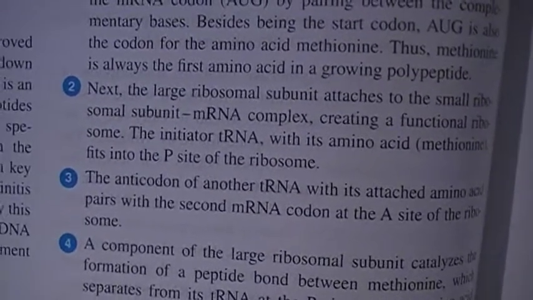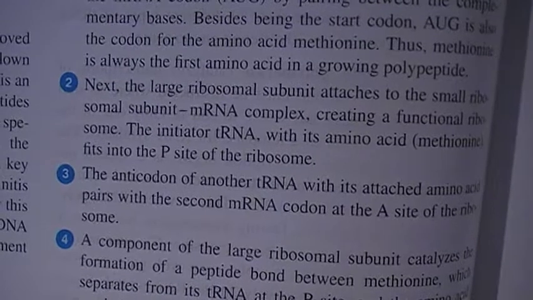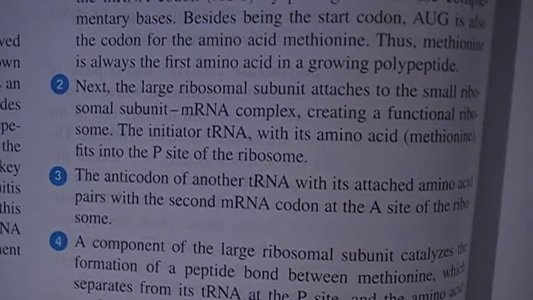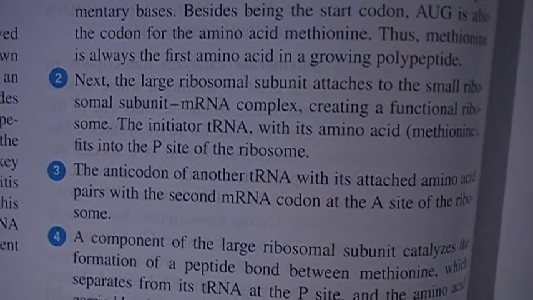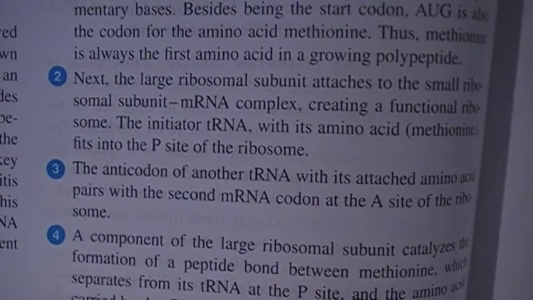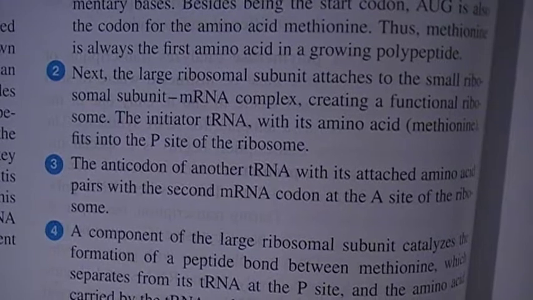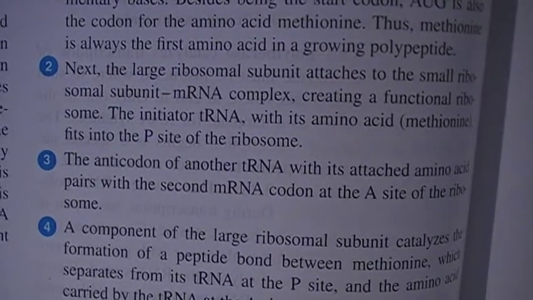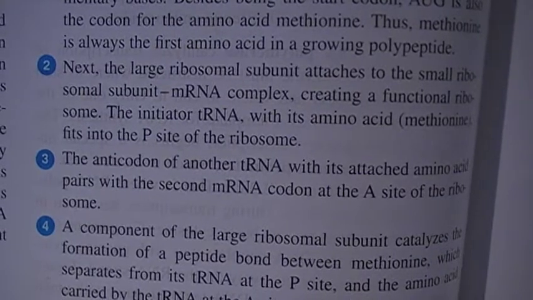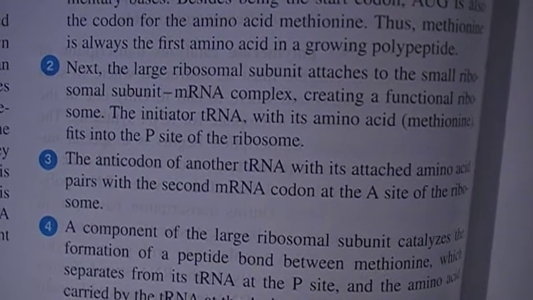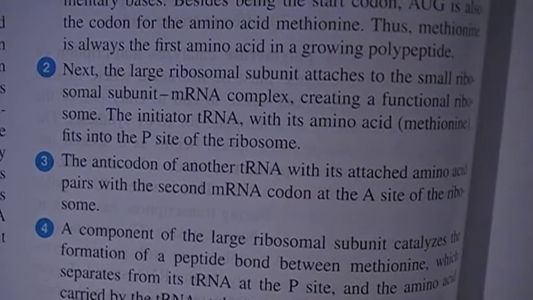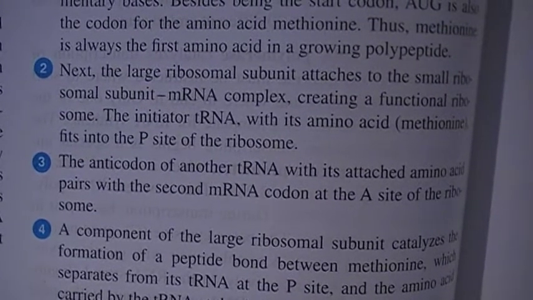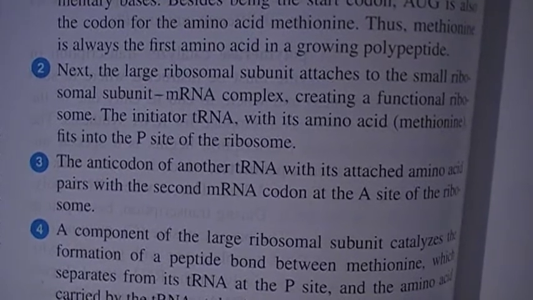Number 2. The large ribosomal subunit attaches to the small ribosomal subunit, which creates a functional ribosome.